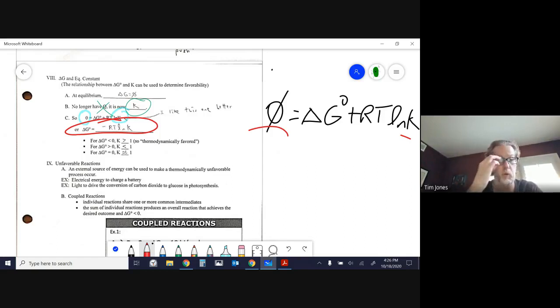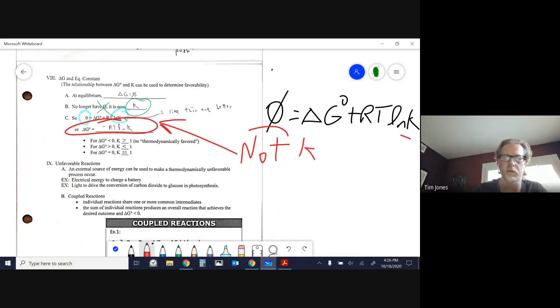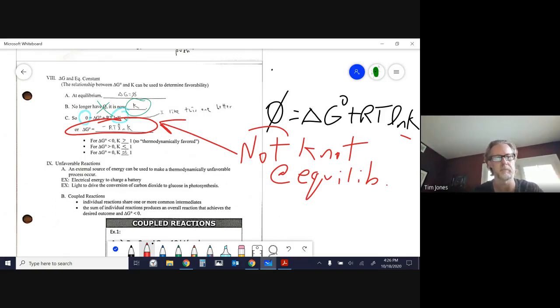So I need you aware of what this is and when it's useful. So this basically is the not equation at equilibrium with a little bit of math into it.